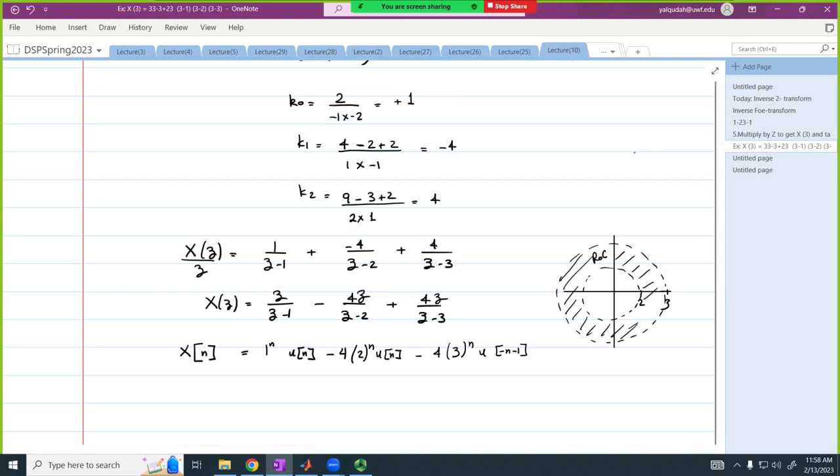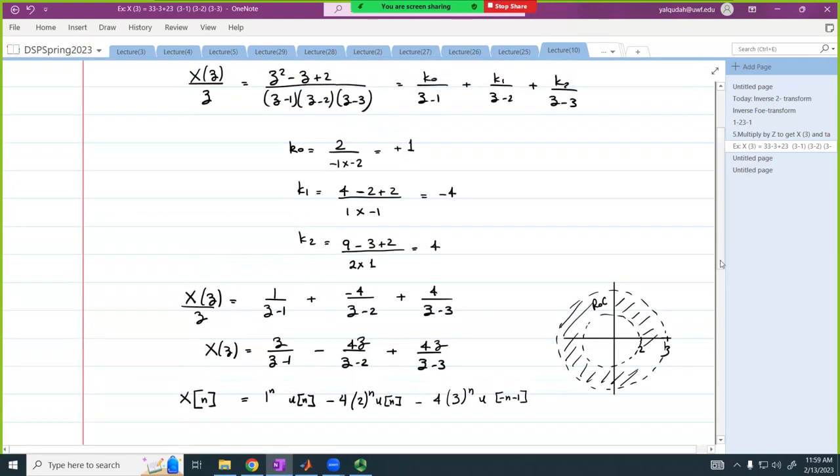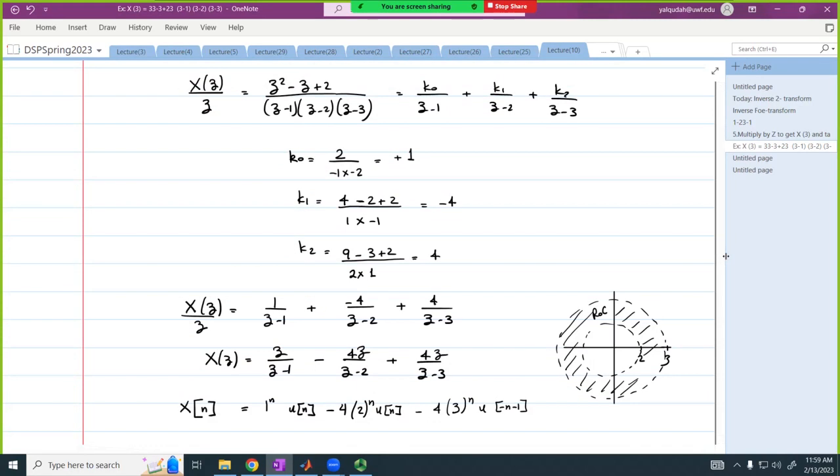Okay, let's do another example. However, I just want to emphasize again what we're doing. We're dividing by z, then we're multiplying by z, so we're not affecting anything. Why are we doing it? So we can get an expression that has z in the numerator.